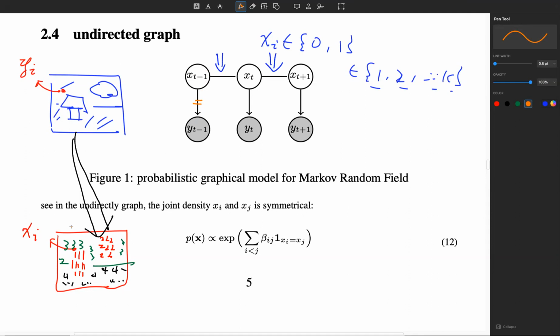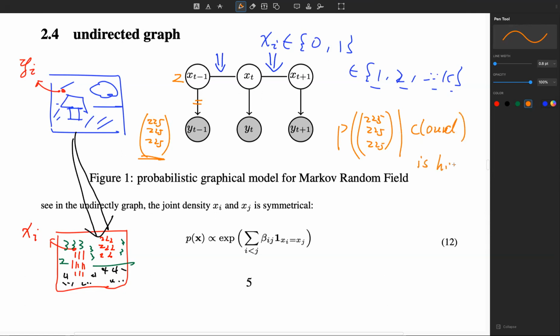So for example, if this value is say 2, because the cloud is white, then the probability of this pixel being white will be very high. When you have RGB all equal to 255, that's very likely to be white. So I'm just going to write the probability of 255, 255, 255 conditioning on the cloud segment will be high.